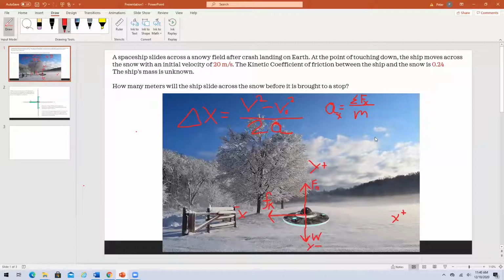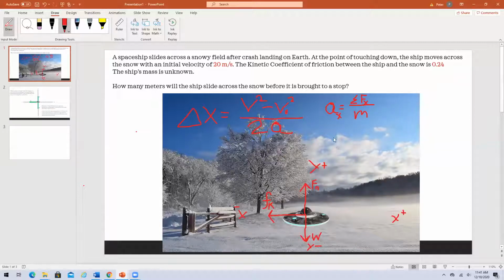And again, we don't have the mass. But we do know something about the sum of all forces in the x-axis. We know that the kinetic frictional force is really it. That's the only thing acting on this spaceship in the x-axis. So we could just substitute this into the sum of all the forces in the x.